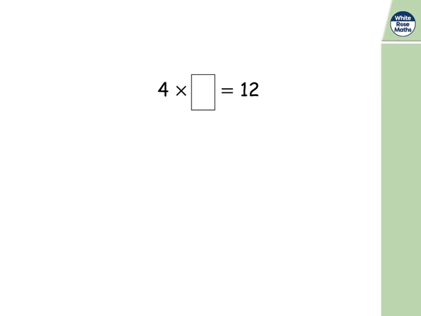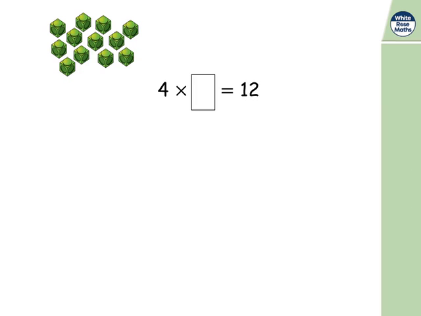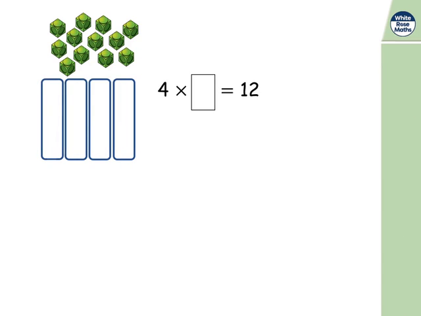This is a tricky question. 4 times something is equal to 12. Let me get some cubes so I can represent it. I'll need 12 cubes altogether. So if I'm thinking of this as 4 groups of something, I need to make 4 groups. There we go.